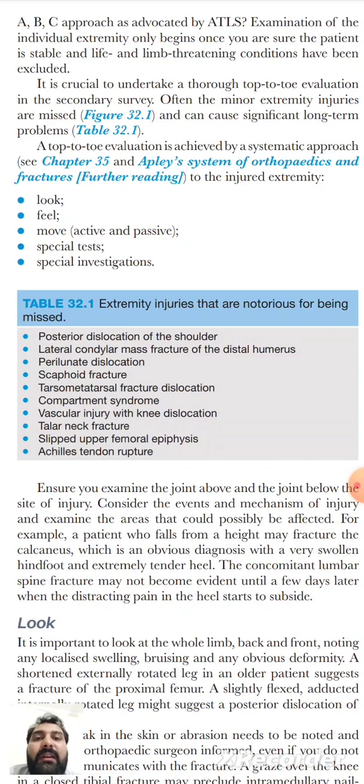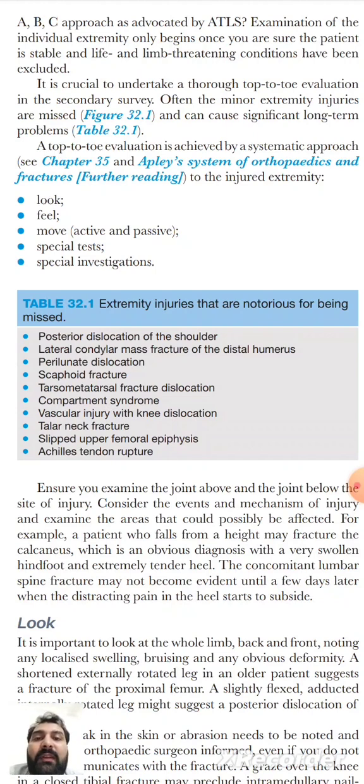It is crucial to undertake a thorough head-to-toe evaluation in the secondary survey. Often the minor extremity injuries are missed and should be diagnosed or confirmed in the tertiary survey. First ATLS, then secondary survey, head-to-toe examination, detailed evaluation, and then the tertiary survey for minor injuries.